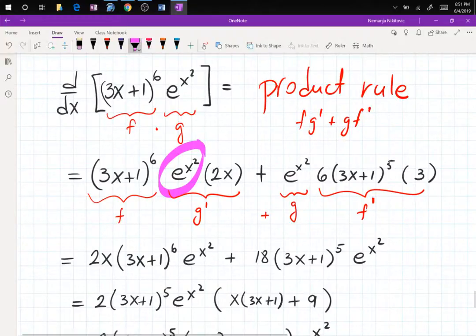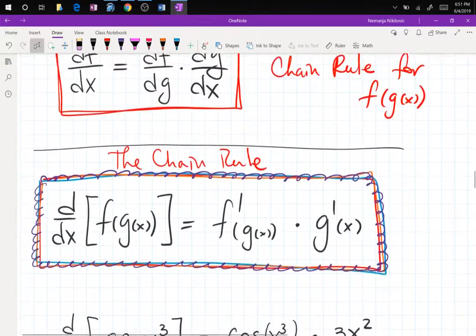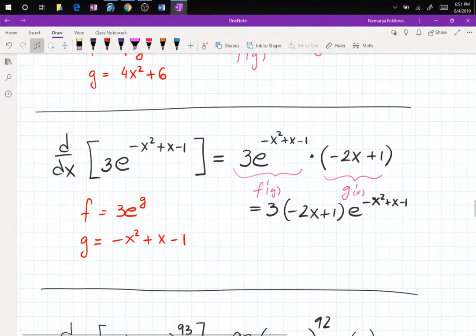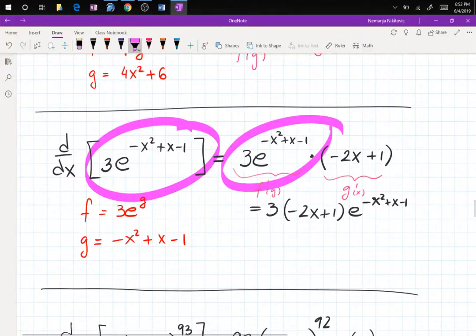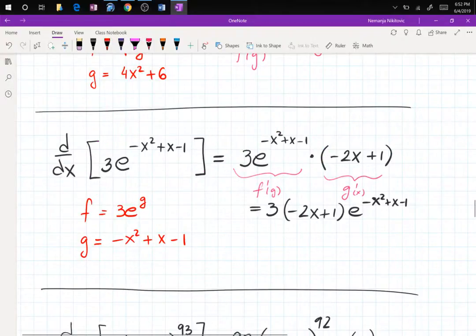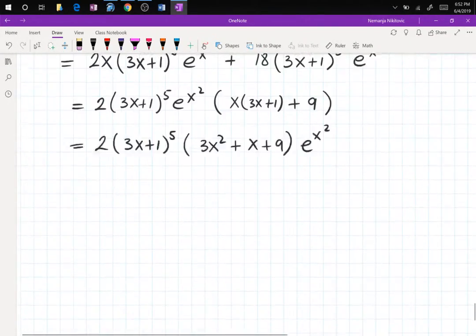So you would still copy e to the g. I think we had a problem like that before. The exponent stays, and then you have the derivative of the exponent. When you do a few examples, it will make sense, but we can always talk more about it.